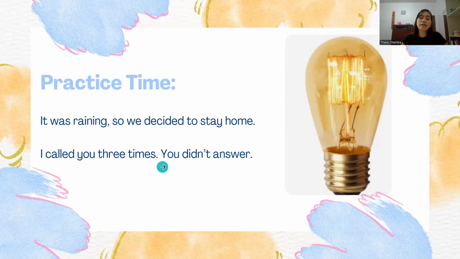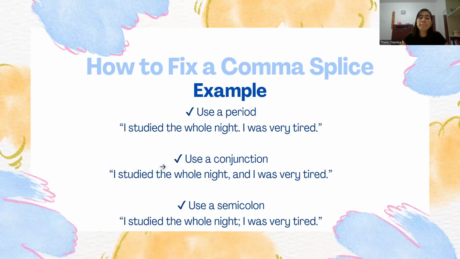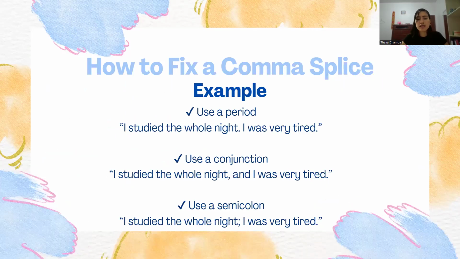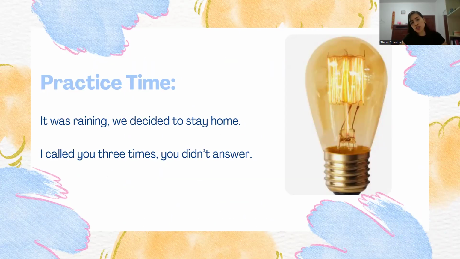And the second one is the use of a period. I called you 3 times. You didn't answer. Okay, we have used the first and second methods, the use of a period and the use of a conjunction. Now, let's continue.